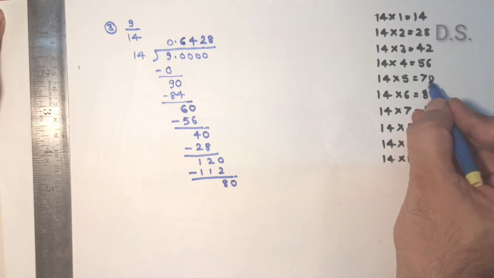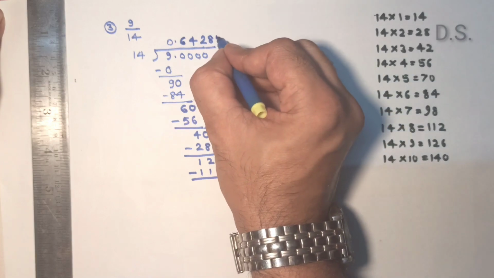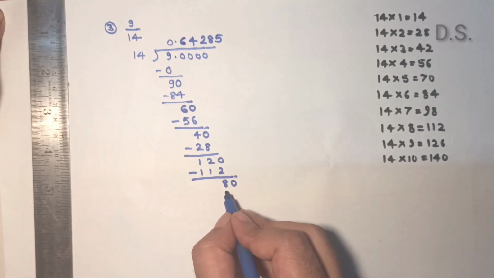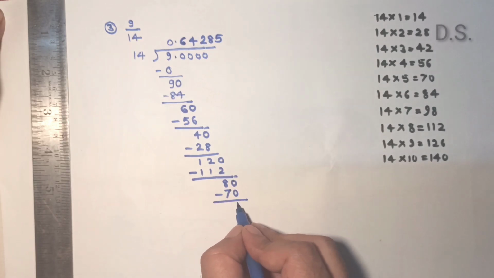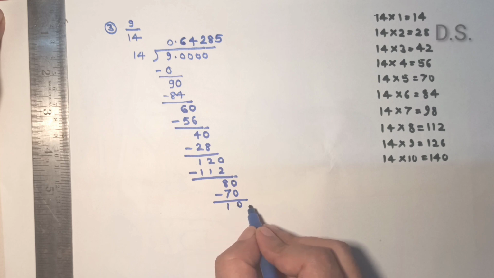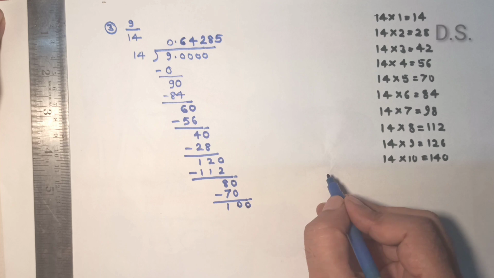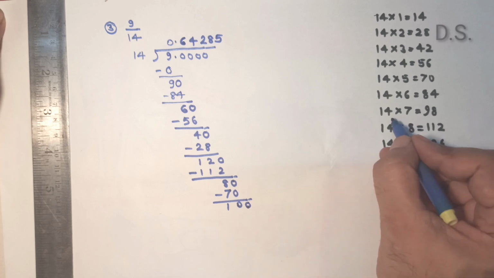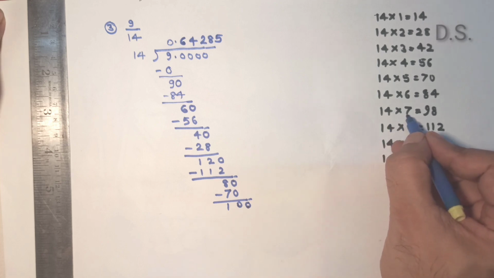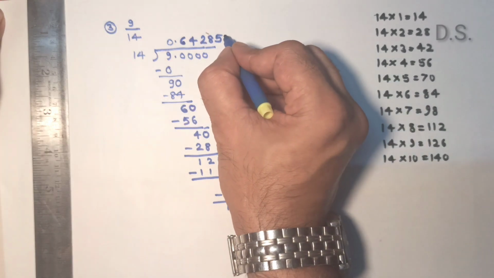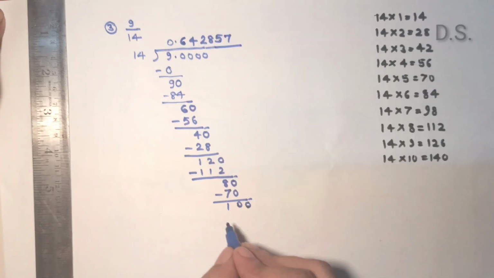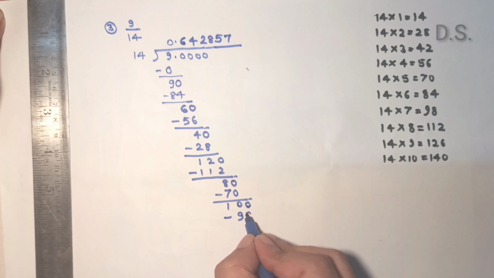Come here. 5 times. So write here 14 5s are 70. Subtract. You will get 10. Put one more 0, so it becomes 100. Now 14 7s are 98. So write here 7 and subtract 98.